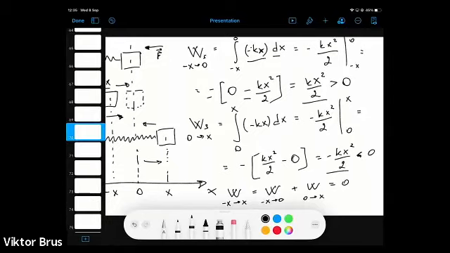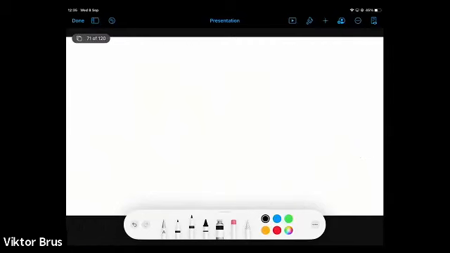In general, if we want to write work done by the spring force from moving the object from any arbitrary initial point to any arbitrary final point, we can write the integral from x1 to x2 of minus kx dx.